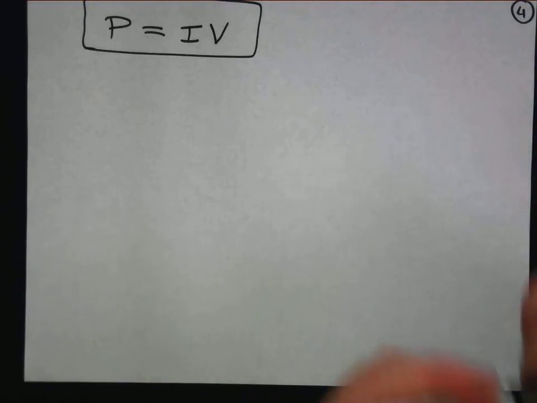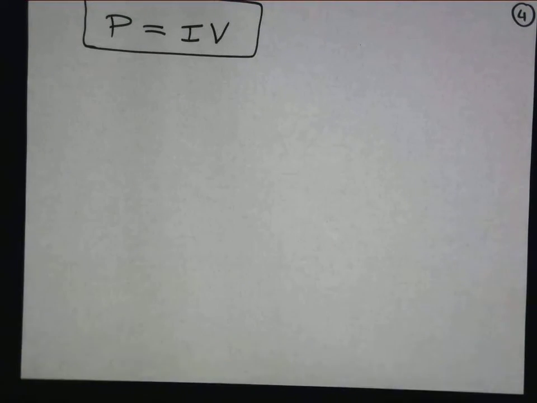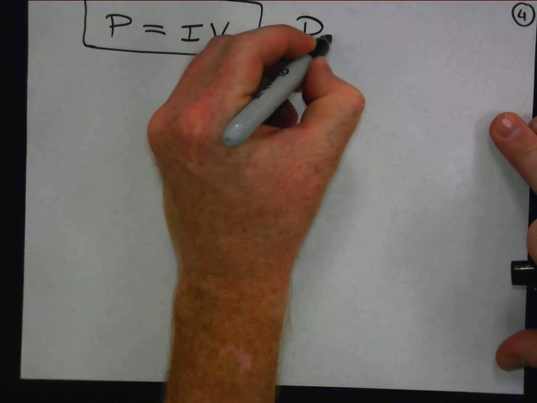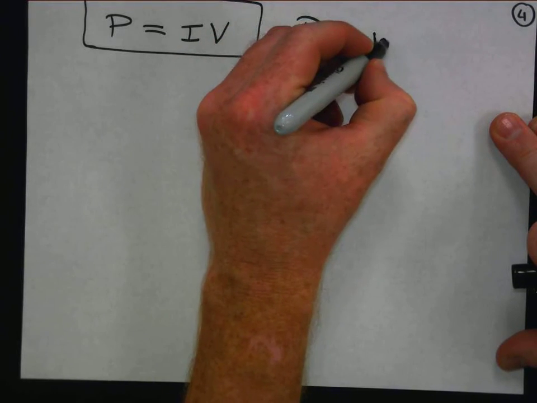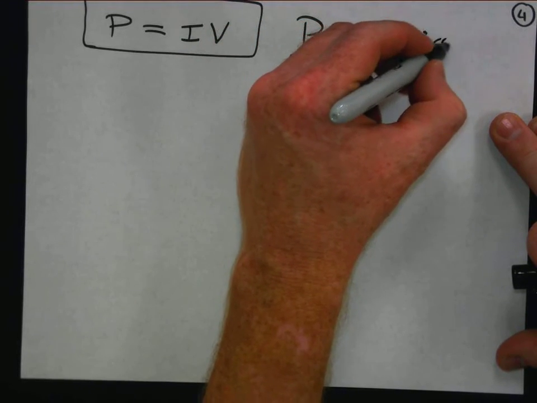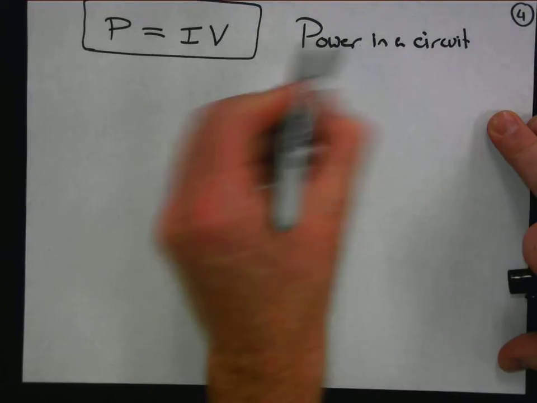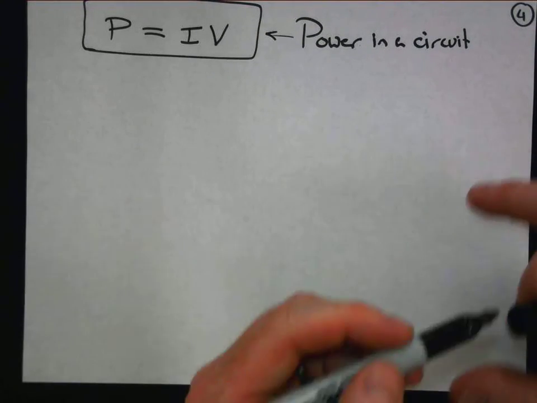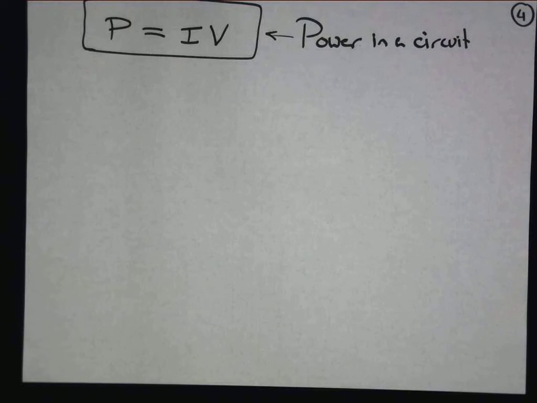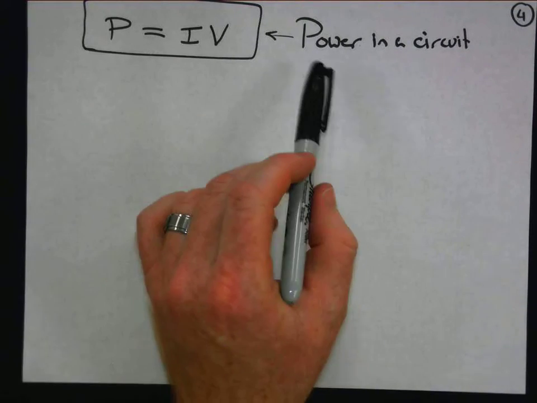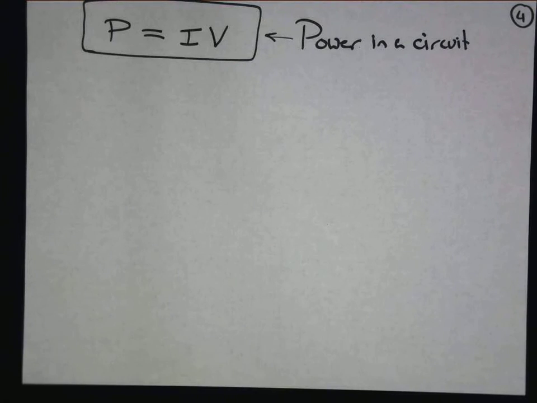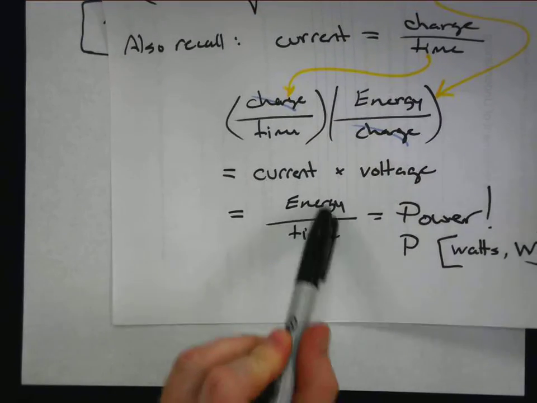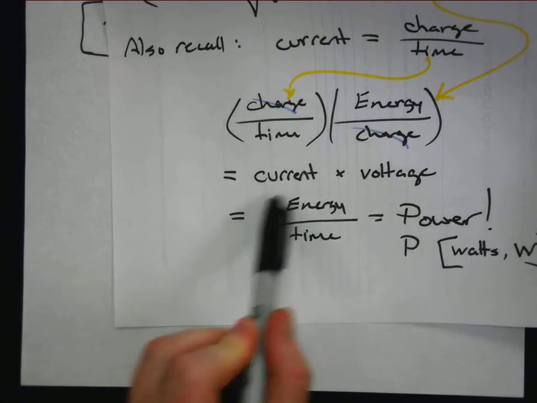It's the equation for the power in a circuit. And it's easy. It's a very simple equation. Cool. And so now remember what power is. Power is the rate at which energy is transferred or used. So the rate of energy transfer. So the energy per time.